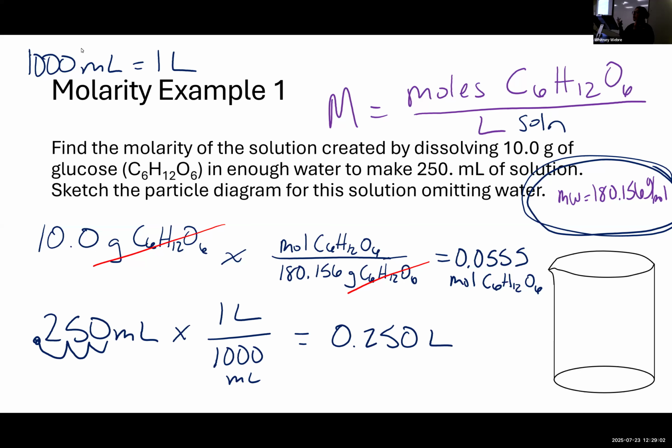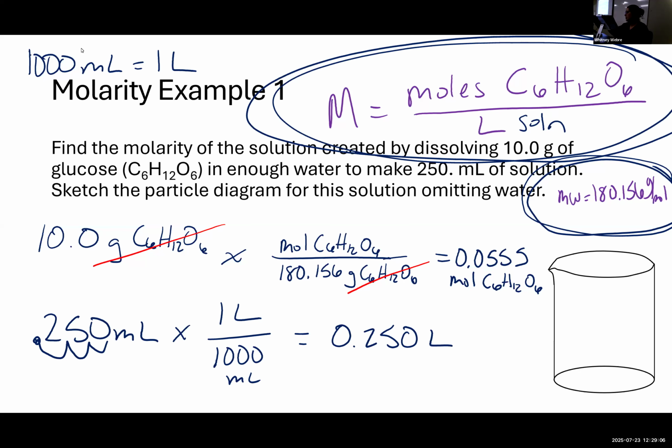All right, here's where you just got to put it together. And I'm going to focus right here. Look at this equation. I have my top number, I have my moles, and now I have my liters. So you need to just divide your moles by liters to get the molarity.